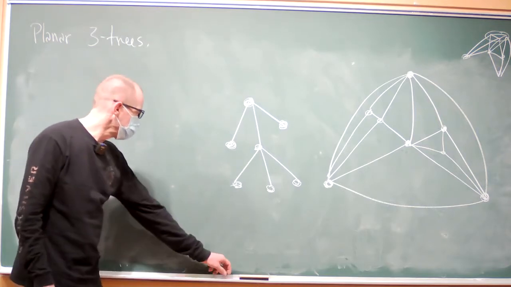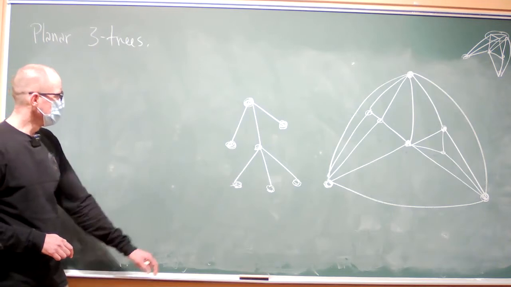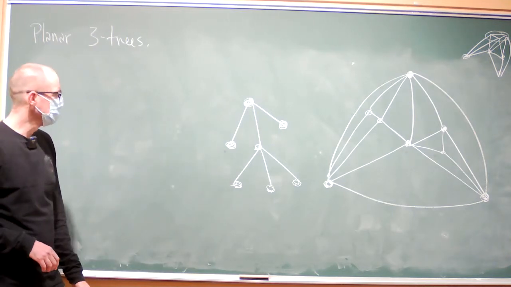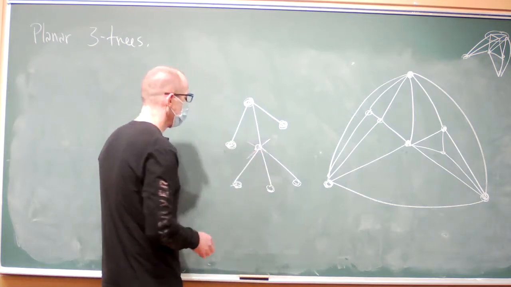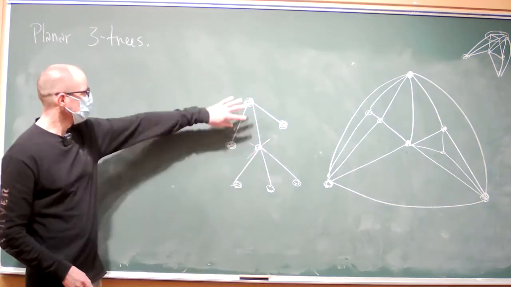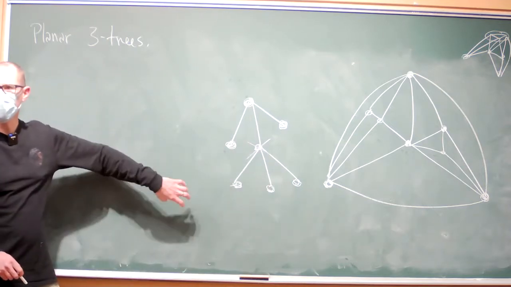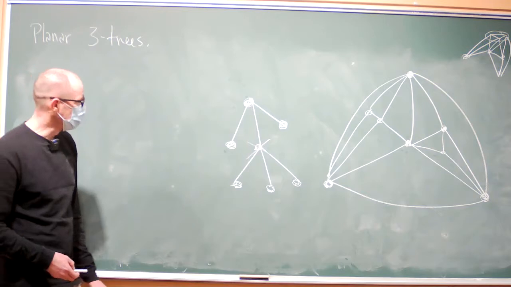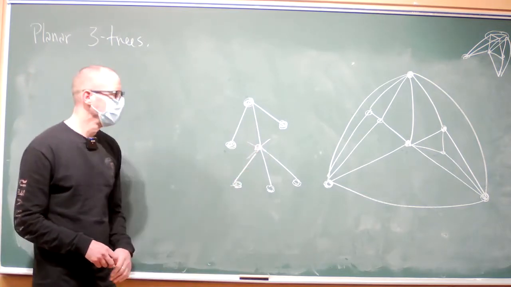But one of the properties that we saw of trees is that whenever you give me a tree with, let's say, n vertices, I can always find a vertex that if I remove it, I get disconnected trees, each having at most n over 2 vertices. So trees have these balanced separators of size 1, so 1 vertex.